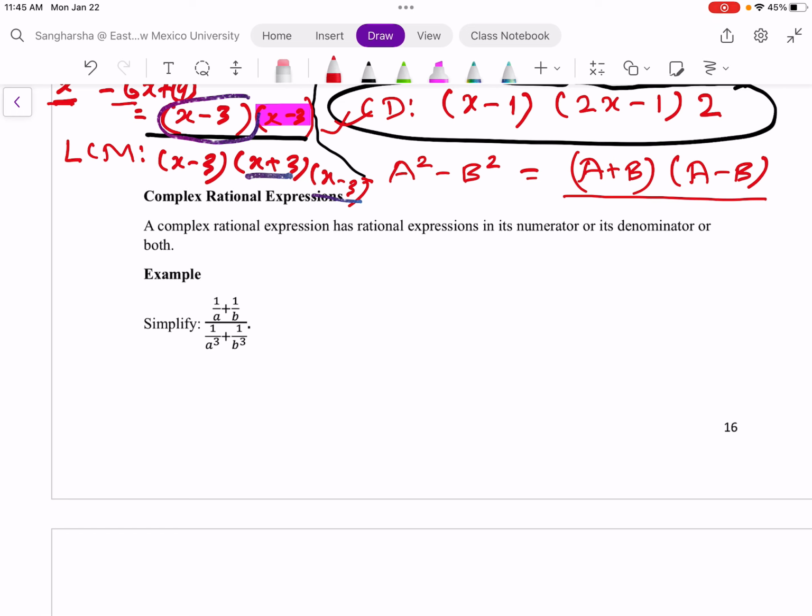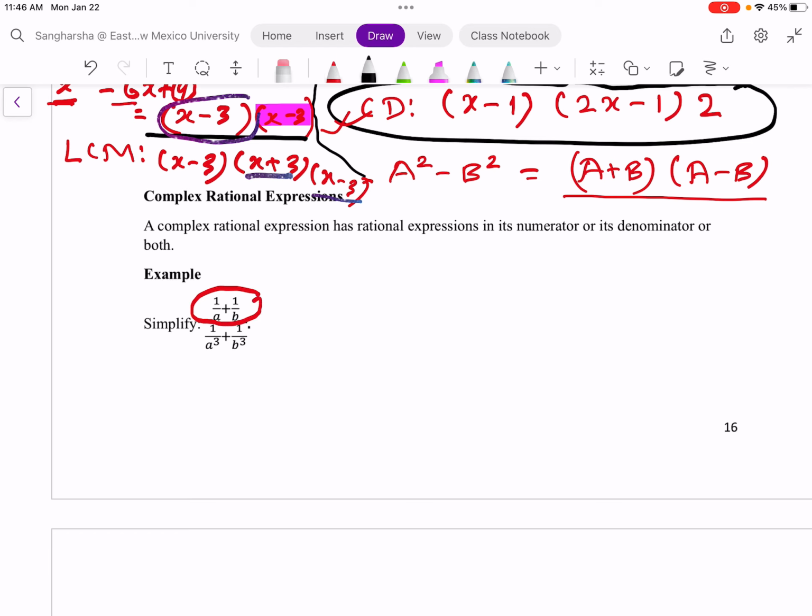Now first, why is this called a complex expression? Here in the numerator and denominator we have a fraction. So if in your numerator and denominator you have a fraction, that's a complex. So this is your numerator, okay?